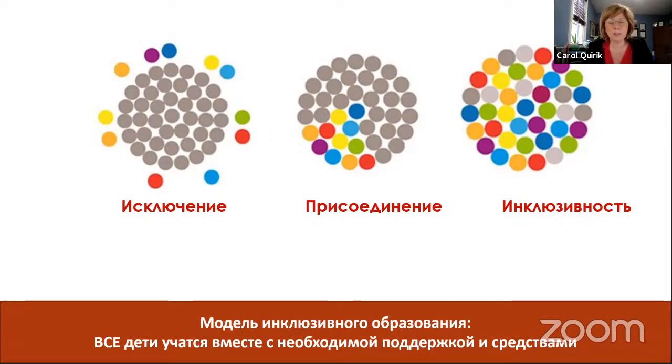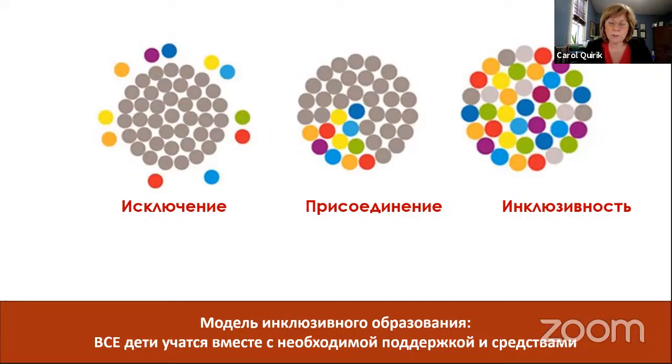The middle figure shows how we moved to try to bring children with disabilities into our schools. Often we might bring children of one kind of disability, or children with disabilities as a class, and put that classroom in a typical school. Those children may be part of the whole school community, but they were not necessarily in the classes or lessons that every other child had.